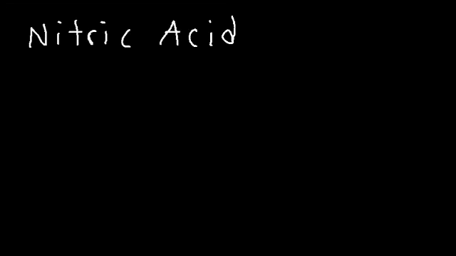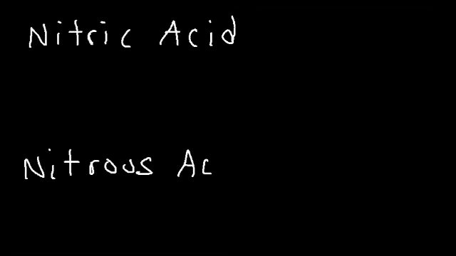So now, sometimes you might be given the name of the acid and you need to be able to write the formula. So try these. Nitric acid and nitrous acid. So nitric acid comes from the word nitrate, which is NO3 with a -1 charge.